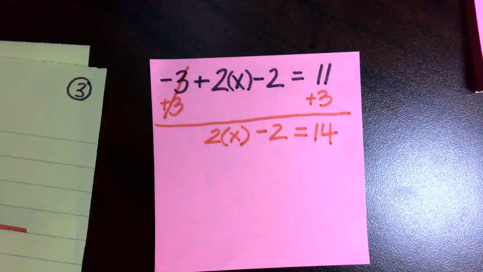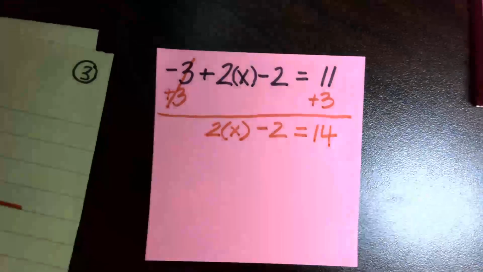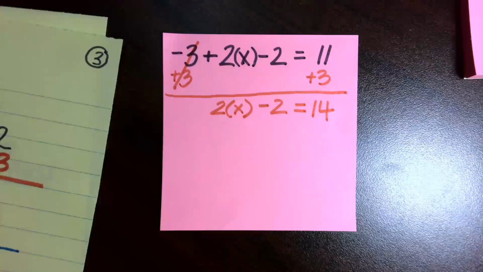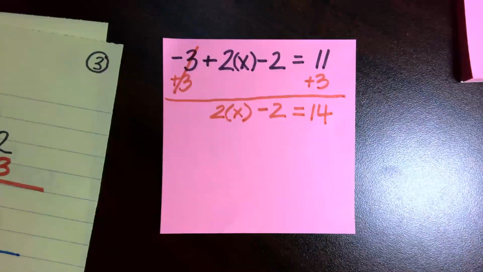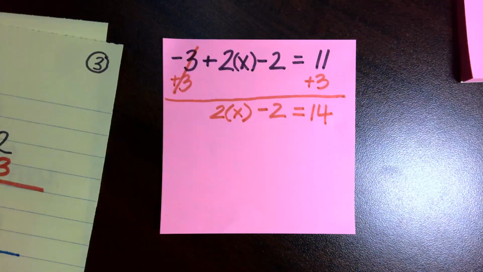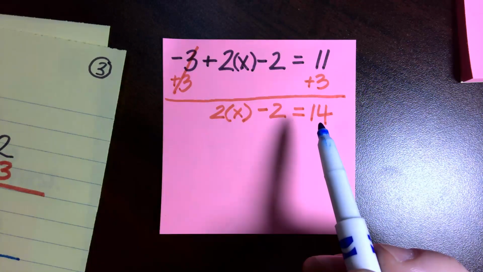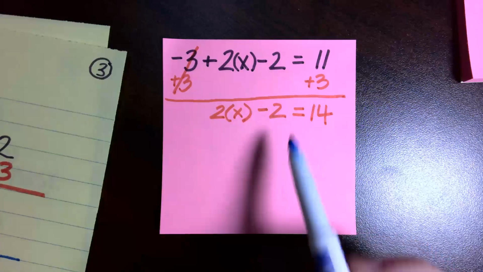Okay. I have completed one step. Now we've got a couple steps left. I've got 2 times x minus 2 equals 14. What do I need to do first? Which one? It's the 2x or minus 2?